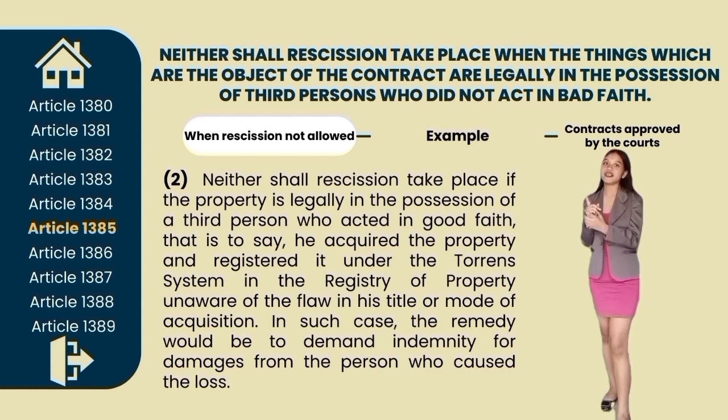First, it should be in legal possession. Second, it did not act in bad faith, or it should be in good faith. So in that case, indemnity for damages may be demanded from the person causing the loss. Since it can't be rescinded, indemnity for damages will be demanded from the guilty person.